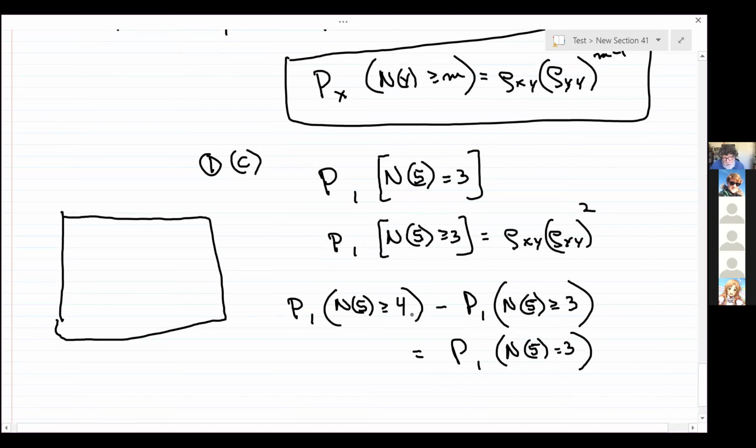Okay, so if you're in here, you visit 5 4 or more times. If you're in here, you visit 5 3 or more times. But visiting 5, say 4 times or more is in here, 4 times or more is in here, 5 times or more is in here, and in here, 6 times or more is in both of them. So when you subtract, those get canceled.